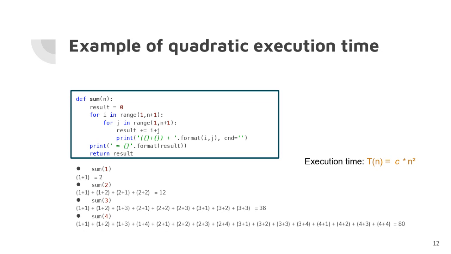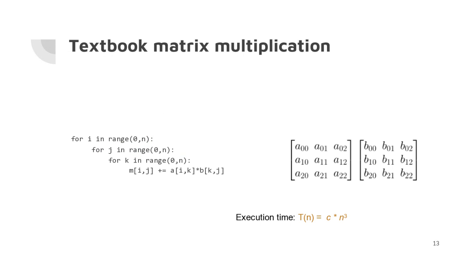Depending on your argument n, it will take that number of instructions, and consequently the execution time will be squared to that input size.